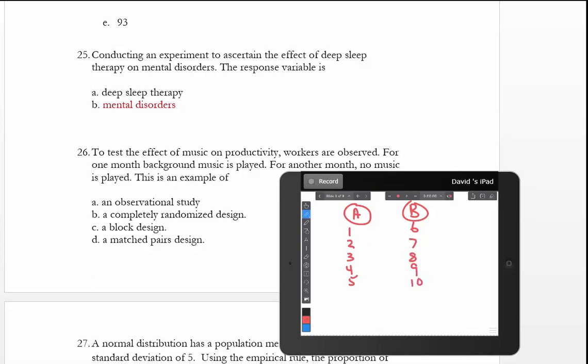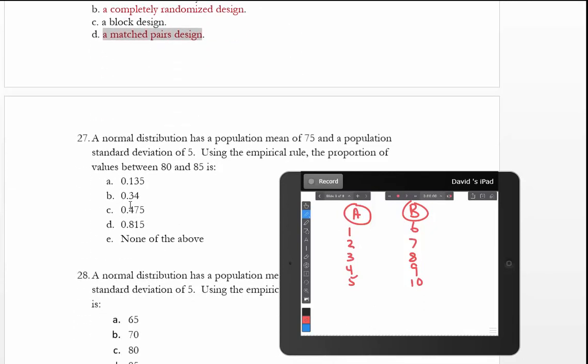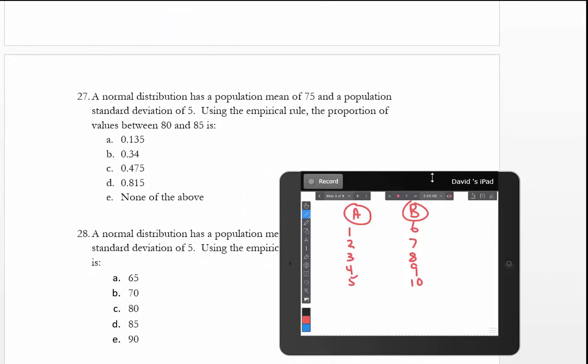These aren't the same people, so now it would be two separate groups, and that would be a completely randomized experiment. So on this one, I'm going to have to accept B or D. I don't think that this is made completely clear in the wording of that problem. Sometimes it happens.